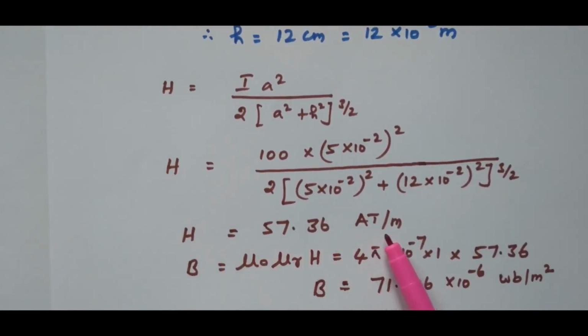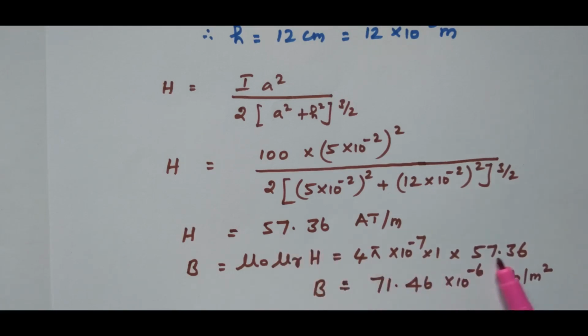57.36 ampere turns per meter, okay, at the height of 12 centimeter. This is the magnetic field intensity, 57.36 ampere turns per meter. From that we can find magnetic flux density, B equal to mu naught mu r into H. So mu naught is 4 pi into 10 to the power minus 7, mu r is 1, and the magnetic field intensity we calculated is 57.36.